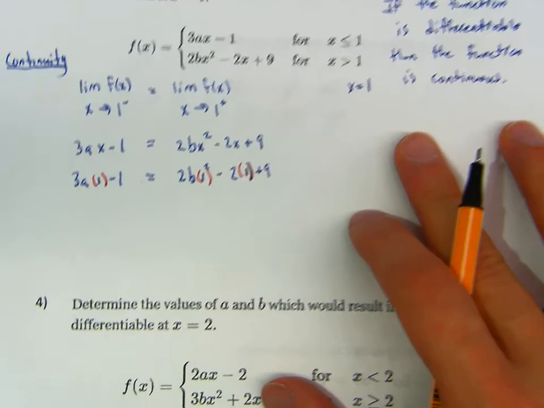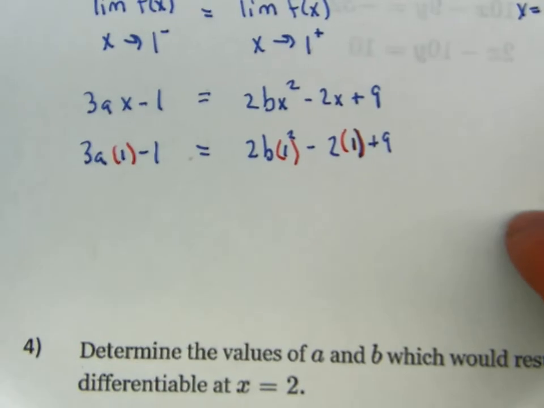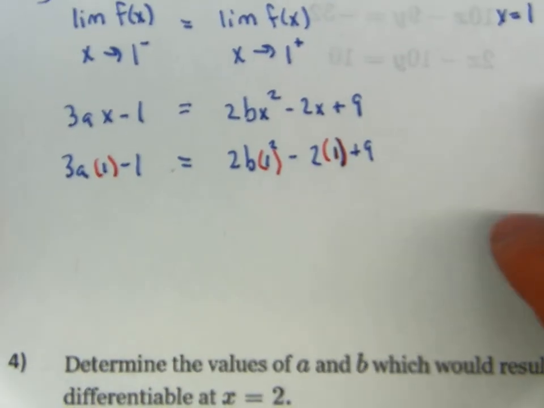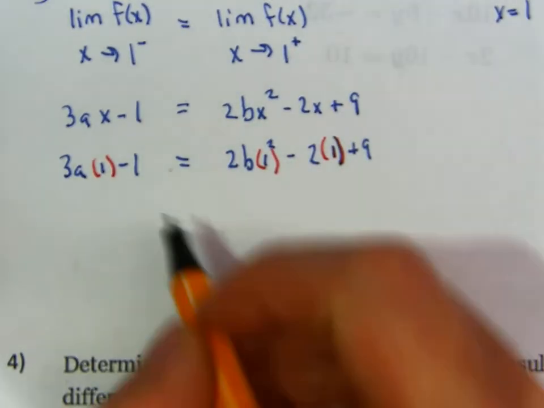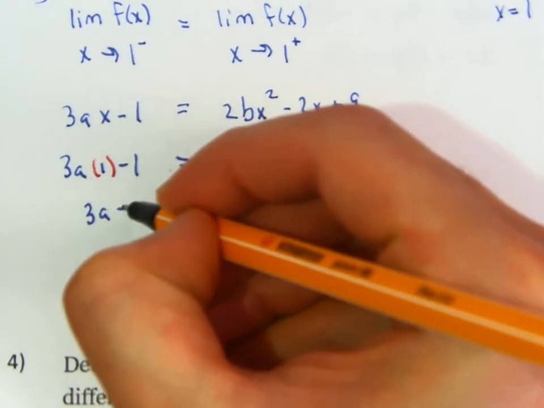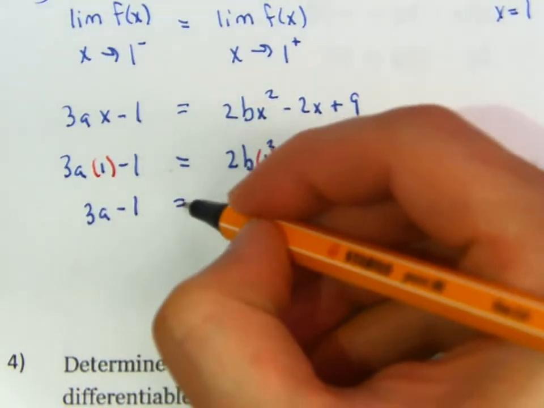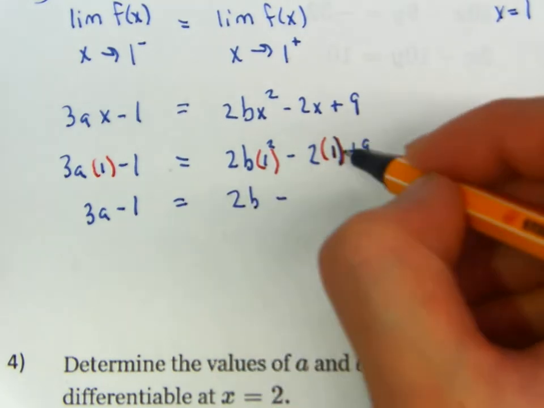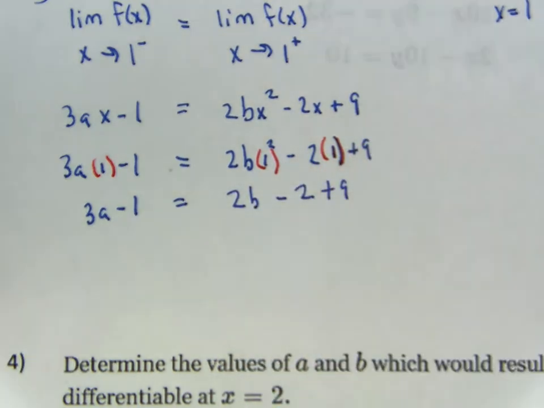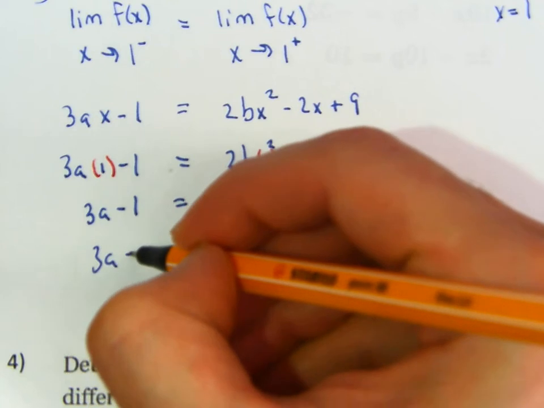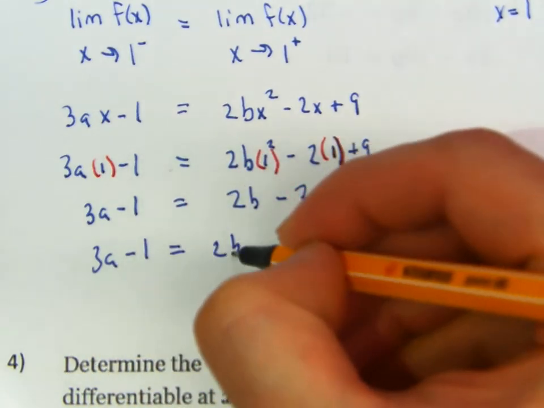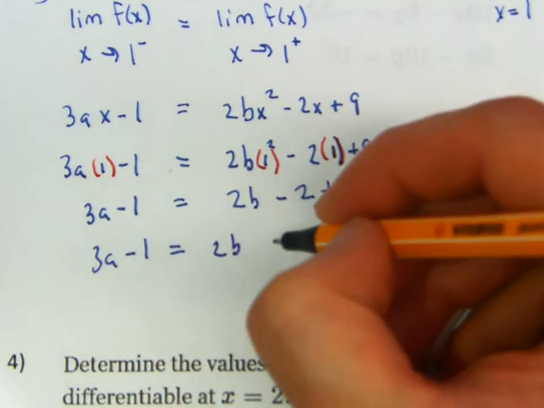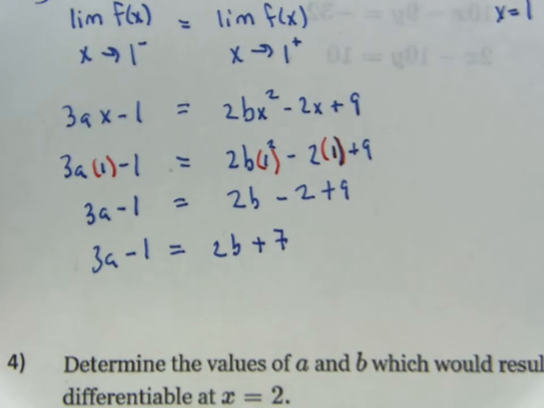Okay. Now what happens here? Let me zoom in. So now here what happens when we plug in 1? This just becomes 3a minus 1 is equal to, this is 1 squared, so it's just 2b minus 2 plus 9. And then I have 3a minus 1 equals 2b plus 7. Okay?